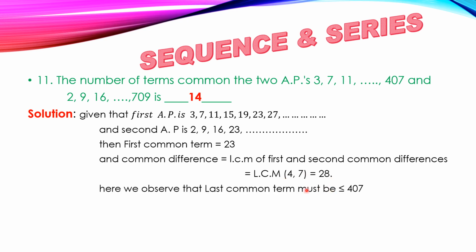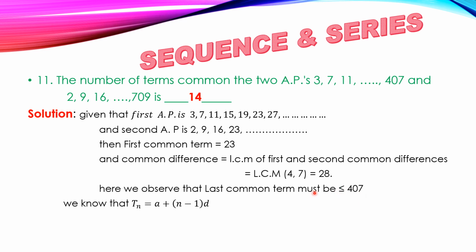Now we observe that the last common term must be less than or equal to 407, because in the first AP the terms go up to 407 only, in the second AP the terms go up to 709 only. Here 407 is less than 709, therefore the common term of both APs must be less than or equal to 407.